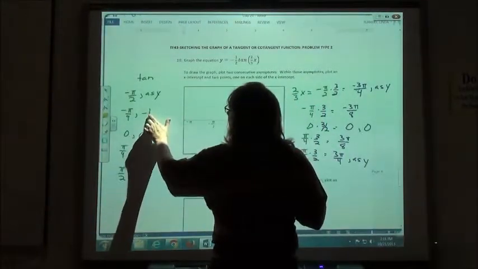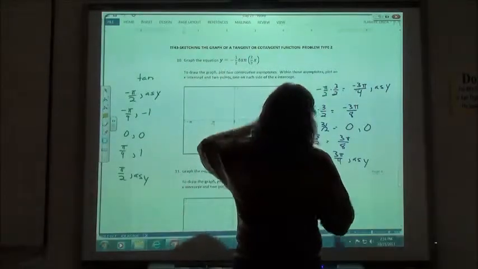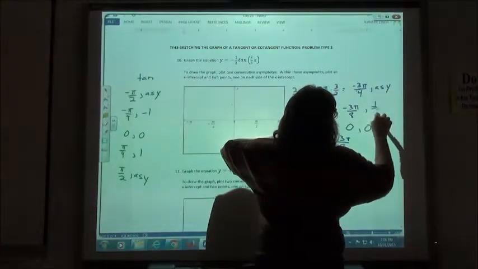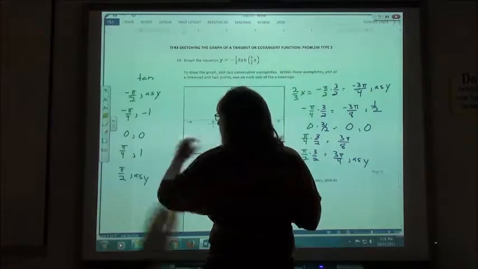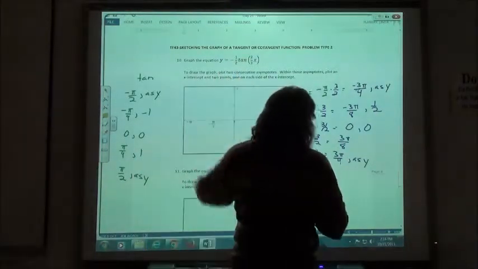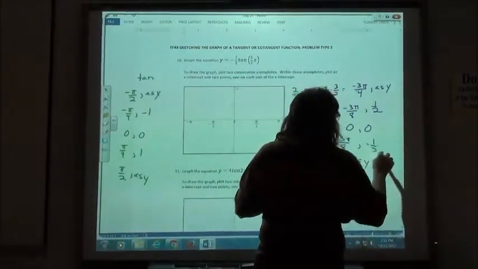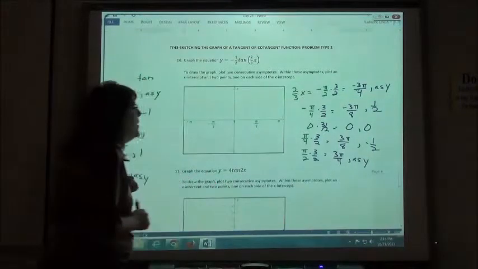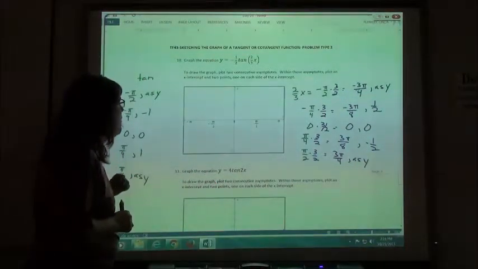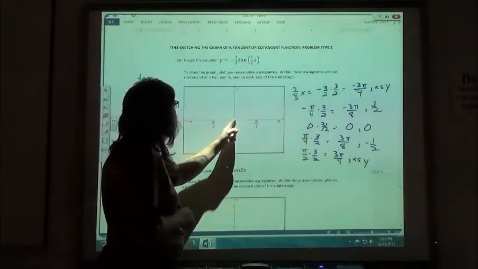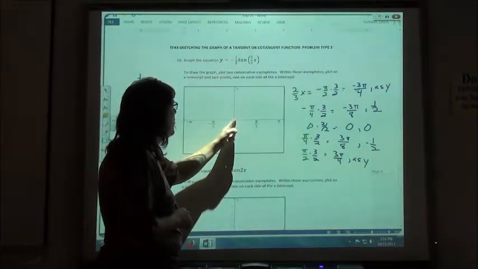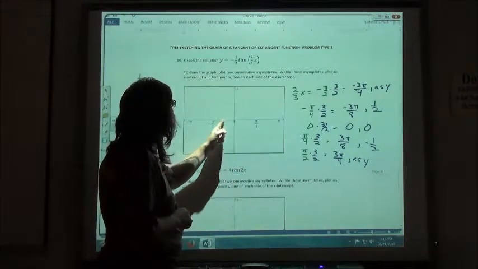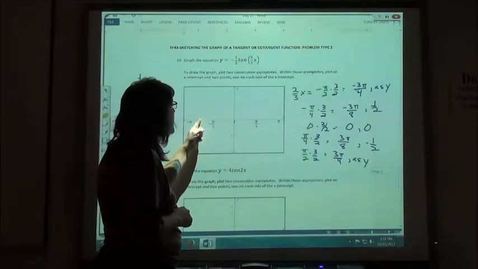Here I'm going to take -1 times the value in front of the tangent. Since I have a negative times a negative, it changed to a positive. +1 times the value in front of my tangent, so I get -1/2. So at -3pi/4, these were over 8, so I'd have to go -6. 1, 2, 3, 4, 5, 6.